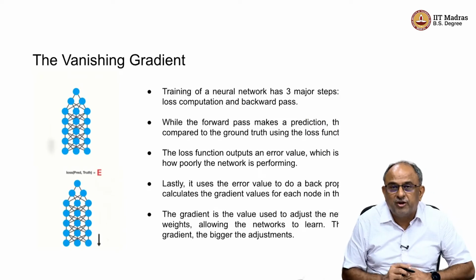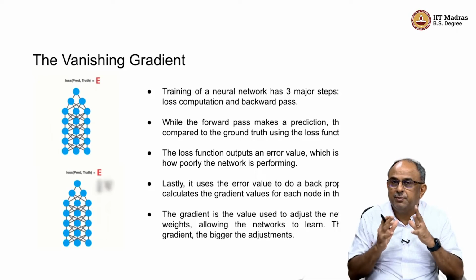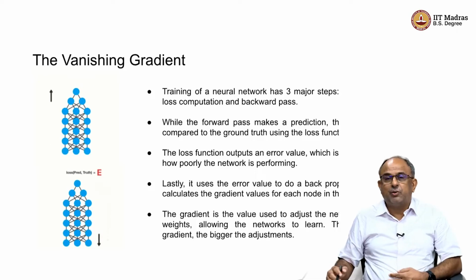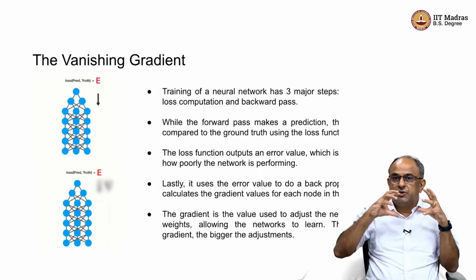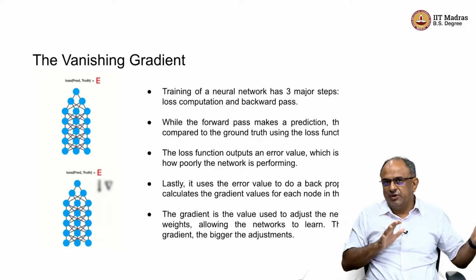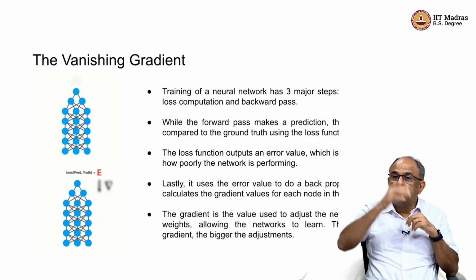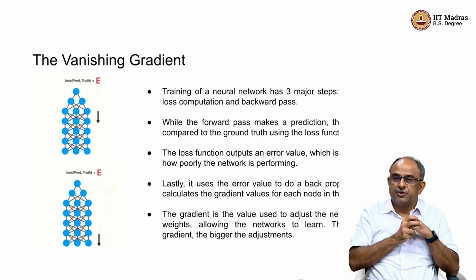So, what is the problem of the vanishing gradient? Vanishing gradient, so if you remember, what is the gradient? Why do we require gradient? Remember, in neural networks we are adjusting weights. We start with some random weights or some initial point, then we keep adjusting the weights to improve our prediction or our fitting of something, right.